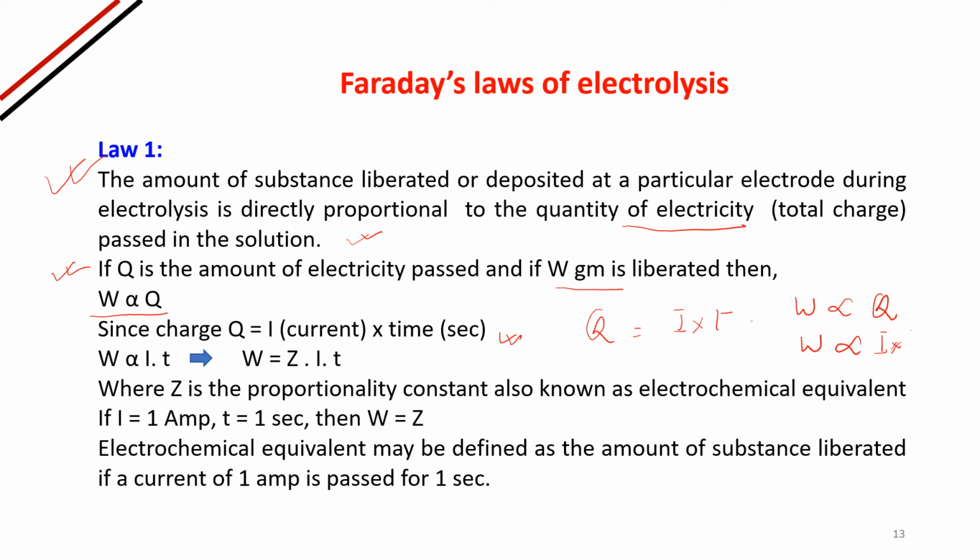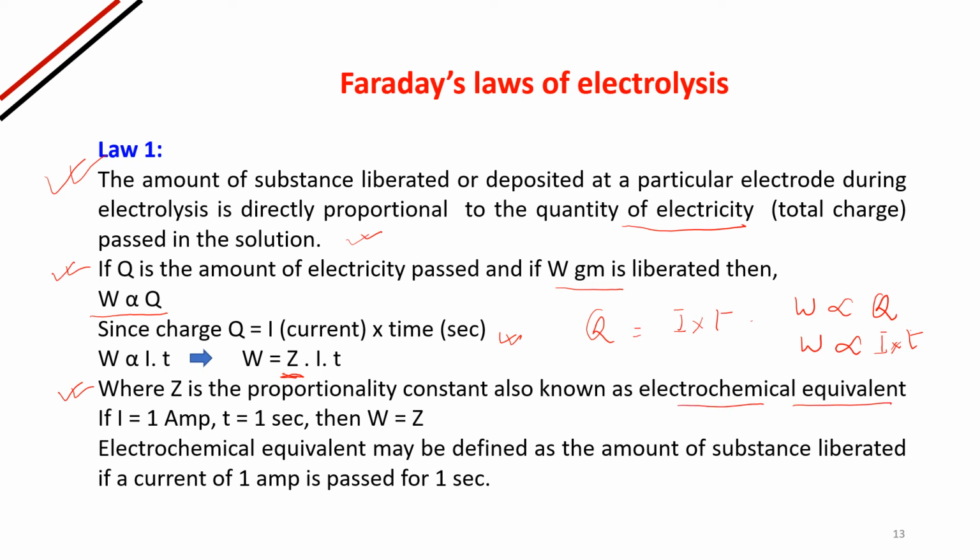Now just removing the proportionality sign with an equal sign. One proportionality constant should be there. So that proportionality constant is Z, where Z is the proportionality constant and it is also known as electrochemical equivalent.